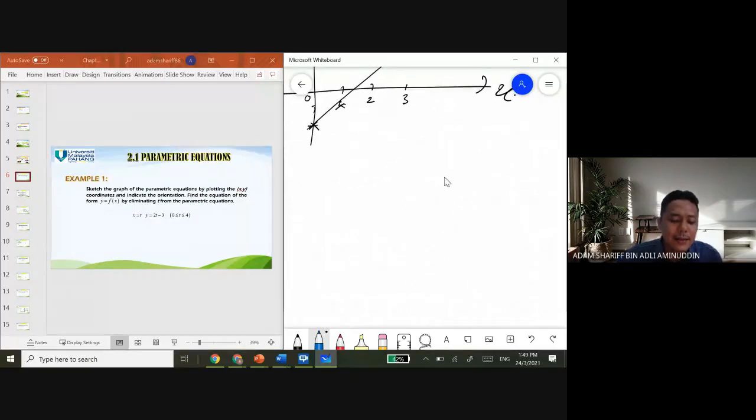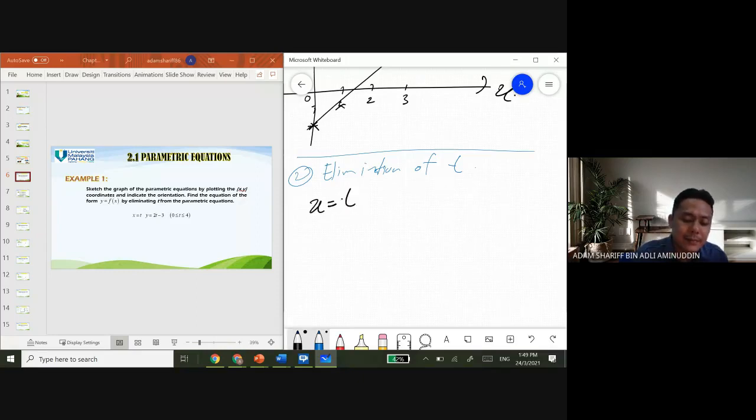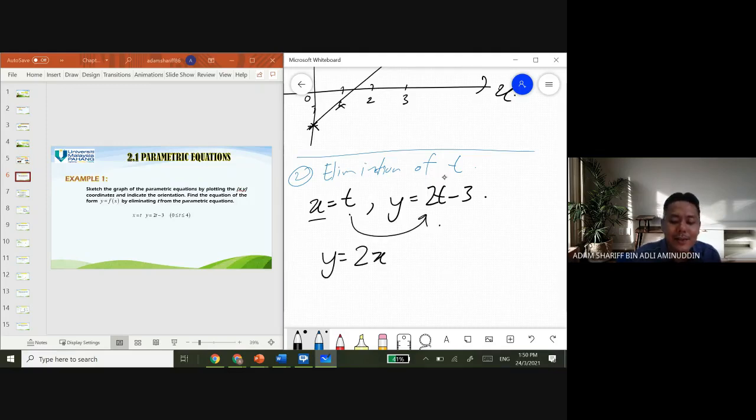Now it states here by eliminating t. Sekarang ni kita ada method kedua where they call it elimination of t. Based on this method, it's like a substitution where you represent x equals to t, you bring into the second equation, you can see that y equals to 2x minus 3.